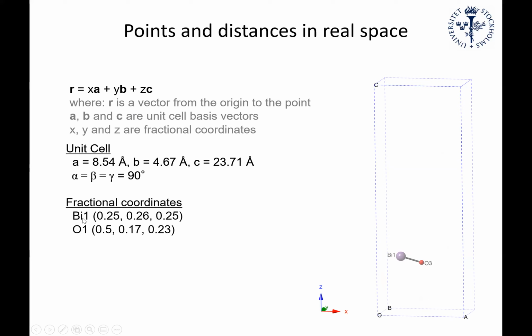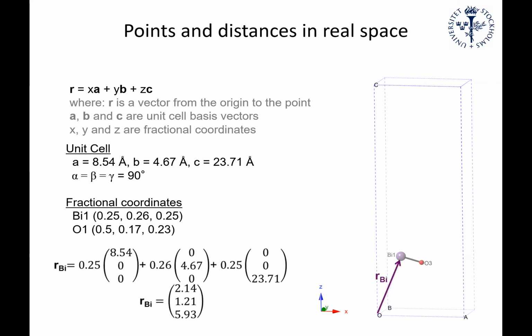So say for Bi1, it's a quarter of the unit cell, 0.25 along the unit cell length A or X. It's 0.26 along Y down the page and 0.25 up the page. And those are the coordinates for that oxygen atom. Okay, so let's get this vector R for our bismuth.